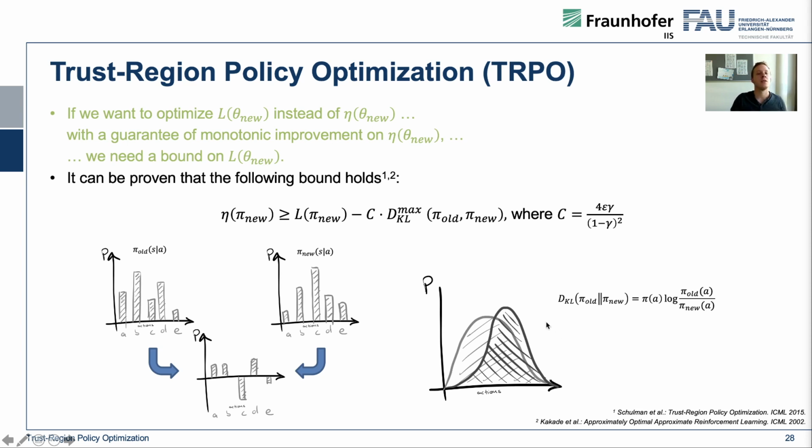Okay, so back to where we actually were. So this is the function that we want to optimize. We want to find a monotonic improvement from our old policy to our new policy, and we want to optimize this function.